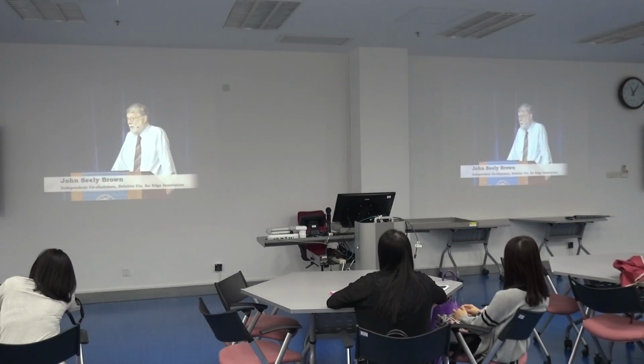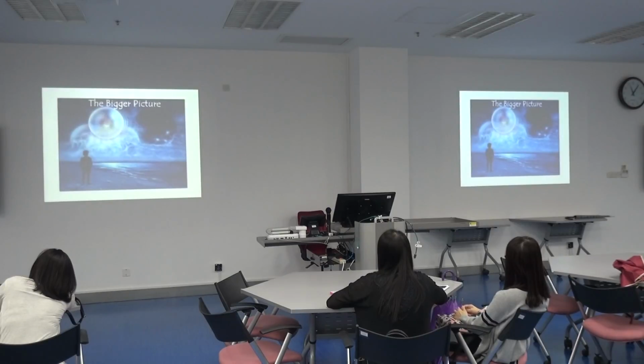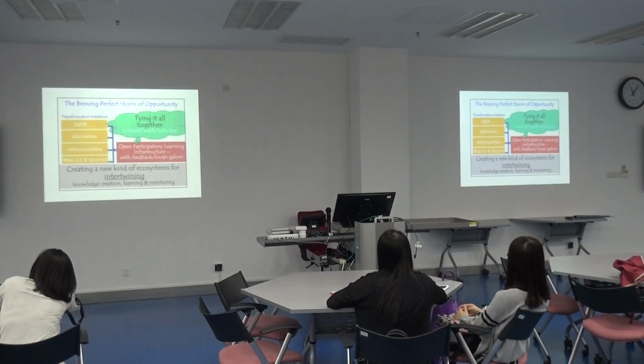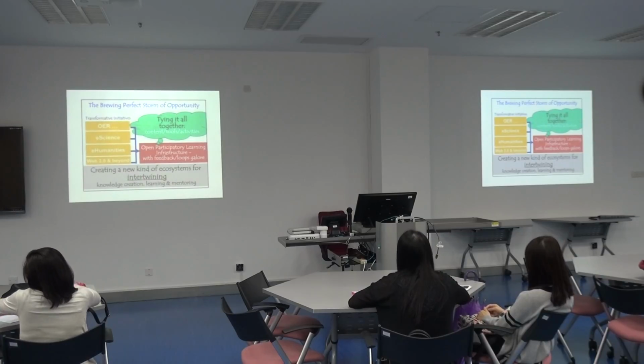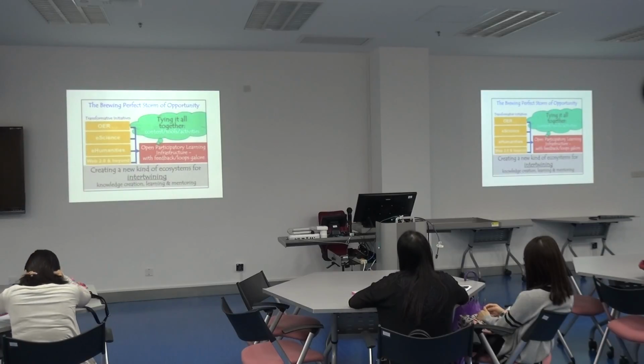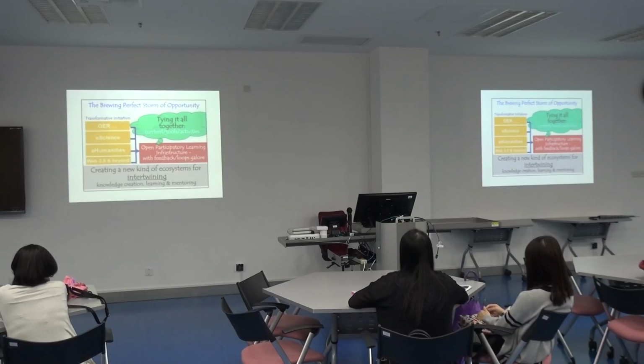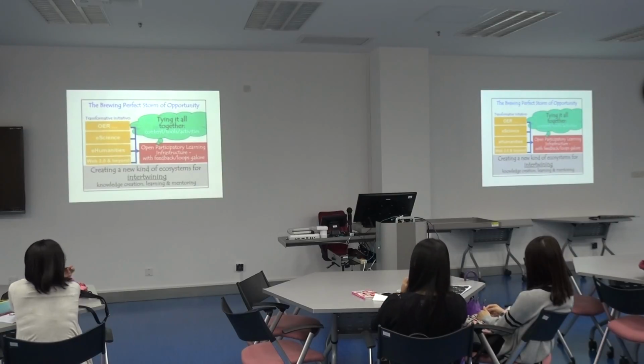So what I want to do in the last few minutes is step back and ask, what's the bigger picture here, after giving you a whole bunch of little examples. One aspect of the bigger picture is we're entering what you might call a perfect storm of opportunity. We talked briefly about open courseware. There are now at least 3,500 courses in the Open Courseware Consortium that are complete curricula, and some of them even have video lectures of classes.